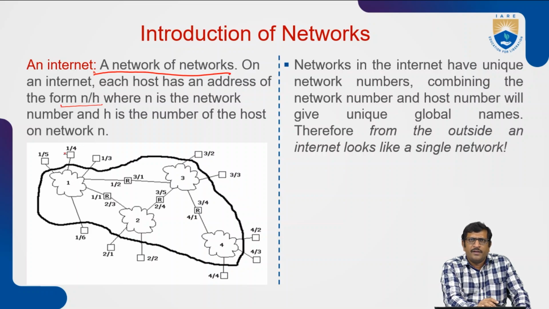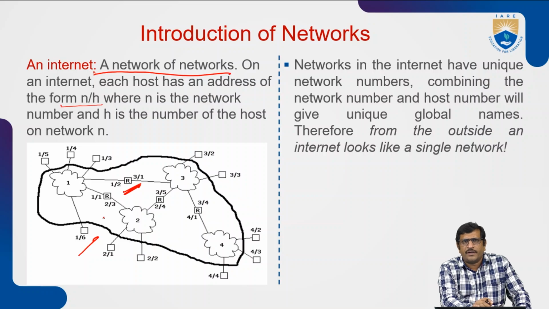So this network by host number gives the unique IP address. 1 by 3 means the third computer connected to network 1, and 1 by 2 is the second computer connected to it. Similarly, the first computer, the sixth computer, and a number of other computers are connected to the network.